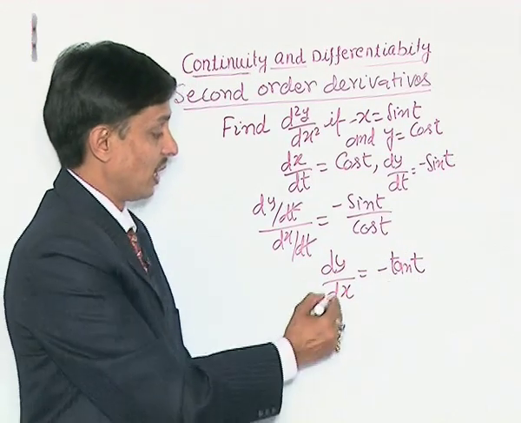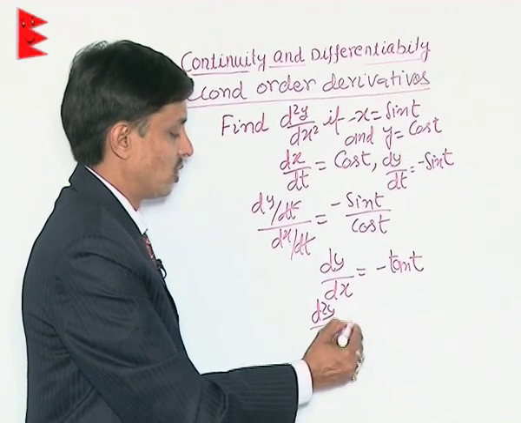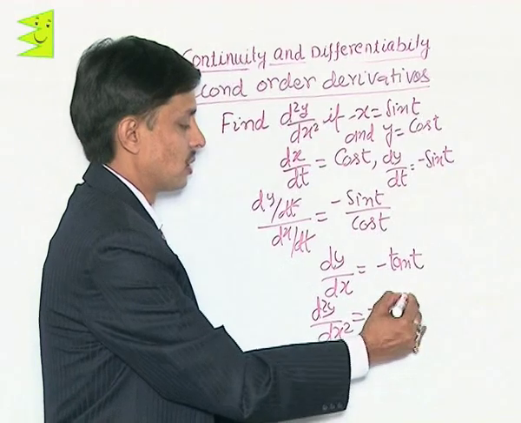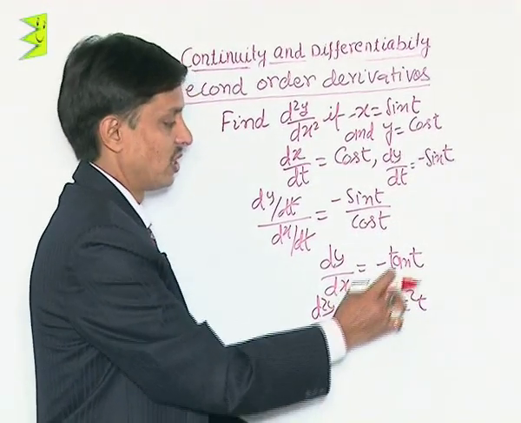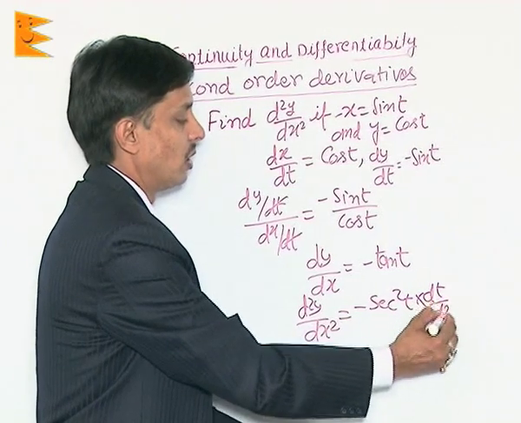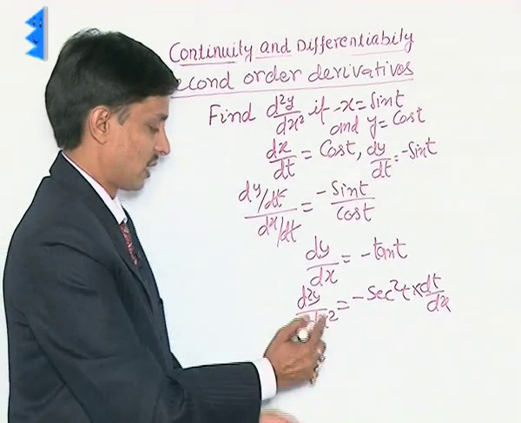To obtain the second derivative, d2y upon dx square, differentiating both sides with respect to x, it will be minus of sec square t into dt upon dx, because t is a different variable, so it will be dt upon dx.